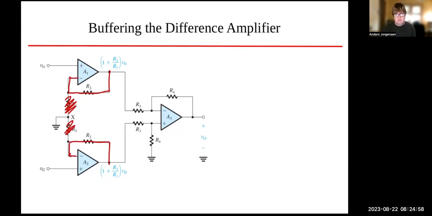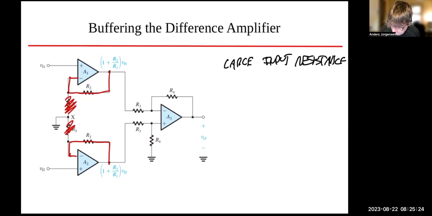Now all I have is just a straight follower on the input. And so now I've solved the problem that the two inputs have finite input resistance and that they're unequal. So it's a large input resistance, so we have solved that problem, okay?